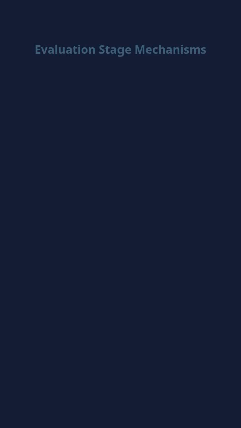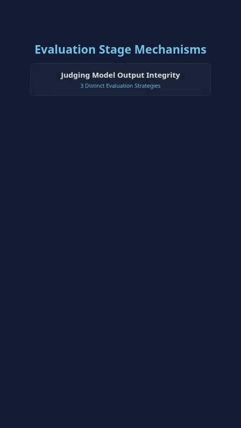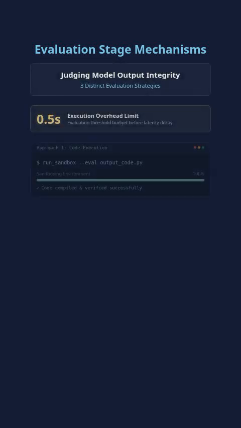How does the evaluation stage actually judge output quality? There are three main approaches. First, we have code execution evaluators, where code is compiled in a secure sandbox, measuring actual output against expected test assertions.